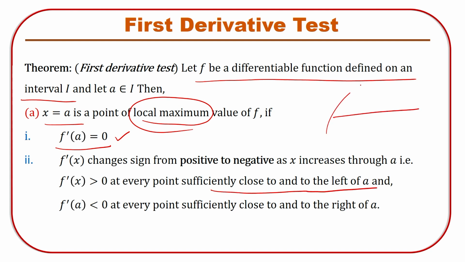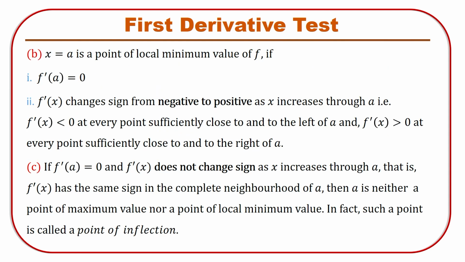So, something like this. This is your function and this is the value of a. So, f dash of x is greater than 0 here, and similarly here f dash of x is less than 0, sufficiently close to a.